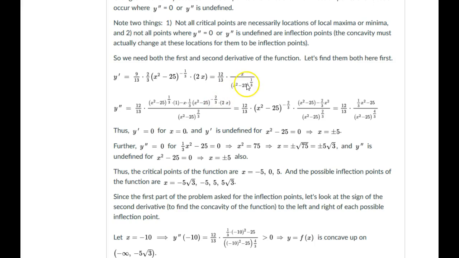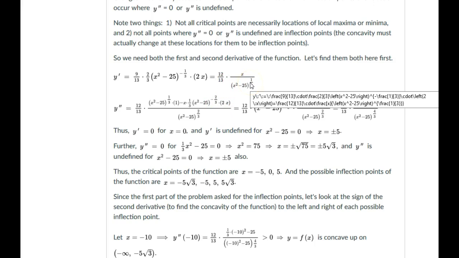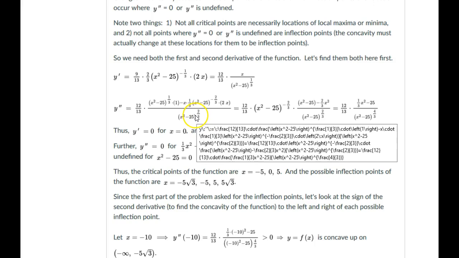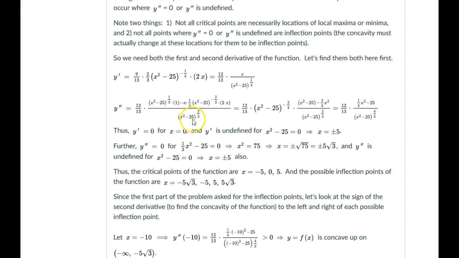The chain rule. Bring the 1/3 down, x squared minus 25 to the 1/3 minus 1 is minus 2/3, times the derivative of the inside, which is 2x. So we have low d high minus high d low, all over low squared. When I square something to the 1/3 power, it becomes to the 2/3 power.